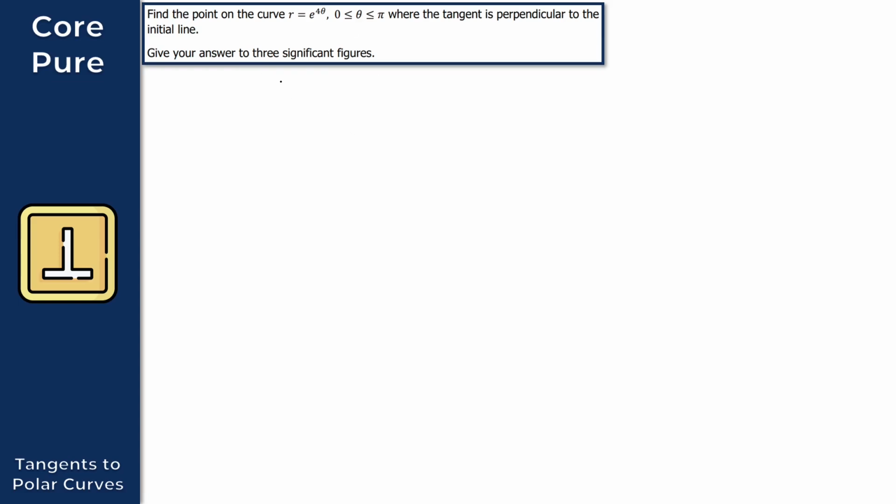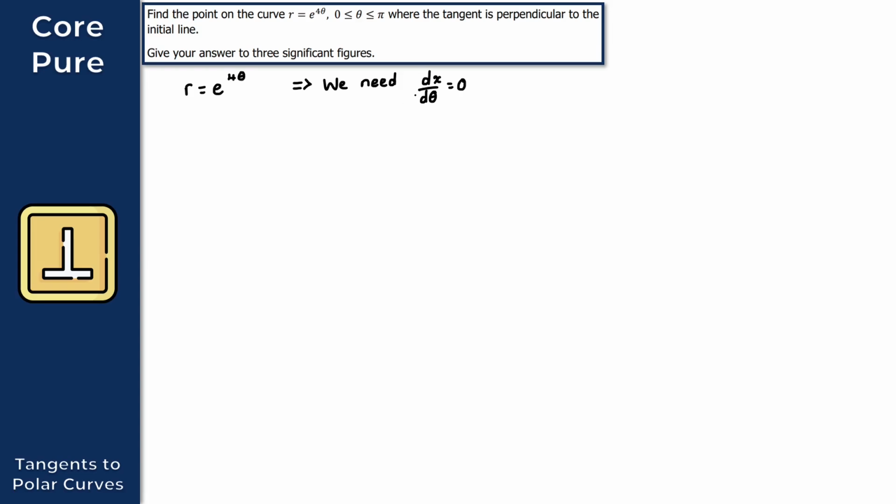So to get us started, let's just note this equation here. So r is equal to e to the 4 theta. Okay, like so. And if we're looking for where the tangent is perpendicular to the initial line, what we need is dx by d theta, and we need this to be equal to 0.